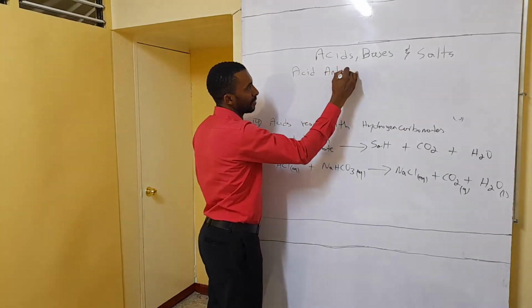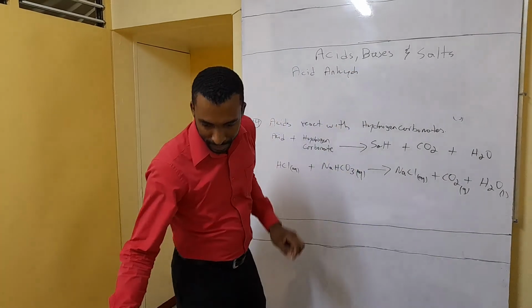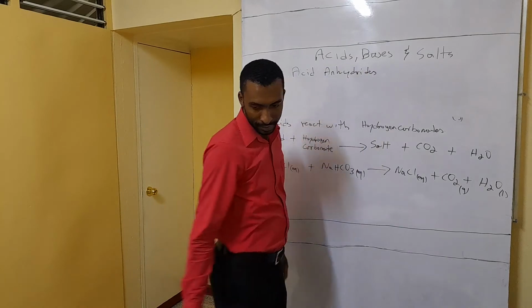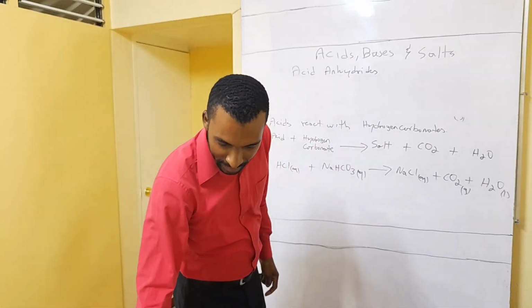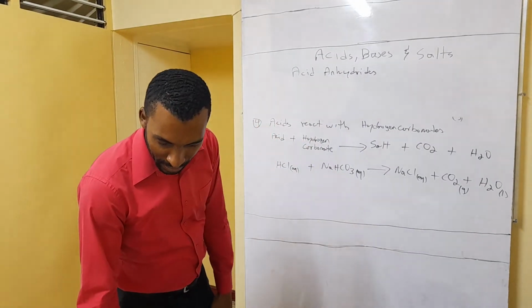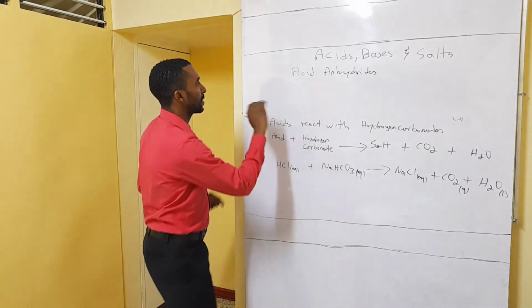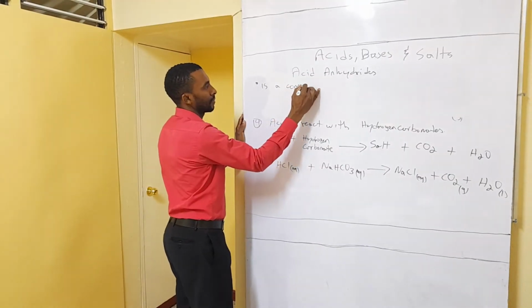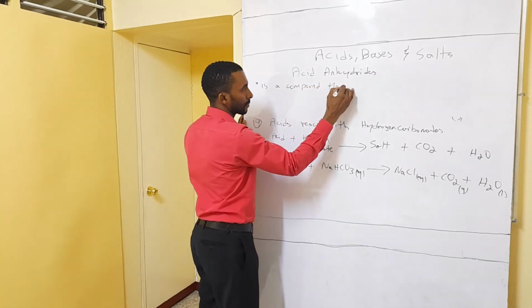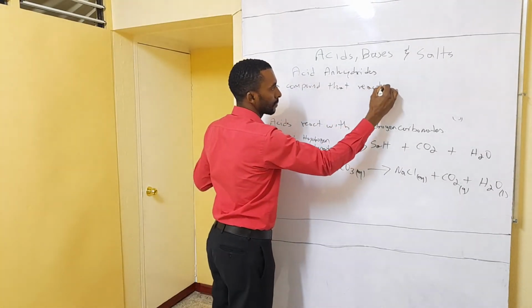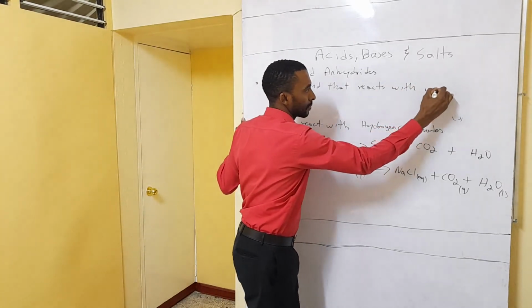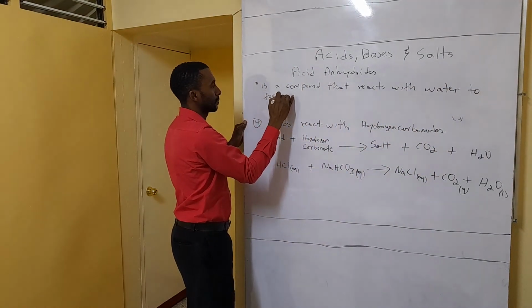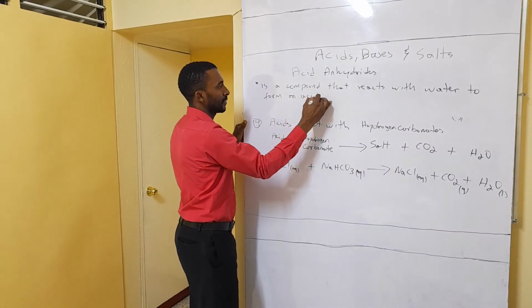Now, the next thing: acid anhydride. Anhydride, right? So it's a compound that reacts with water to form an acid, right?